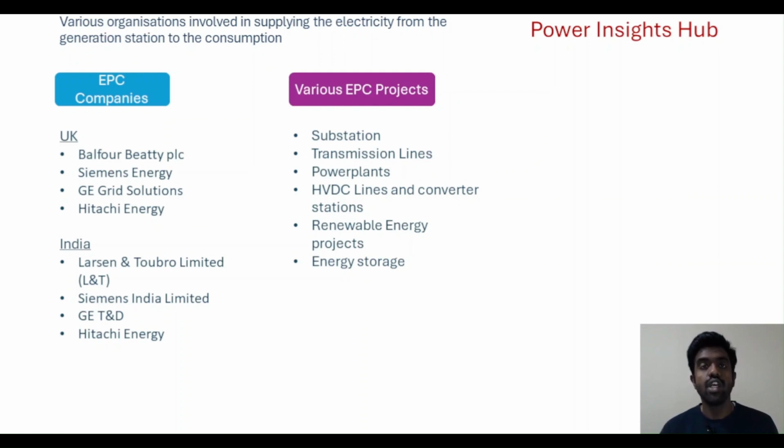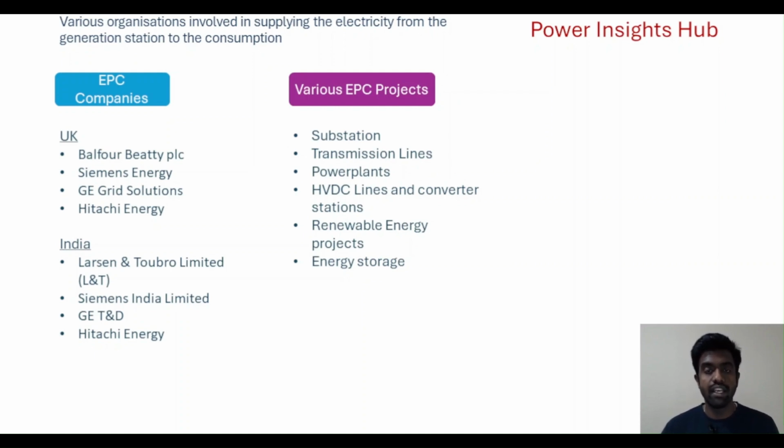You have to build different substations, different HVDC projects, different transmission lines, different power plants, either conventional or renewable. And right now the hot topic is energy storage, and people are building energy storage projects around the country, right? To build all these projects, there should be some company, right?